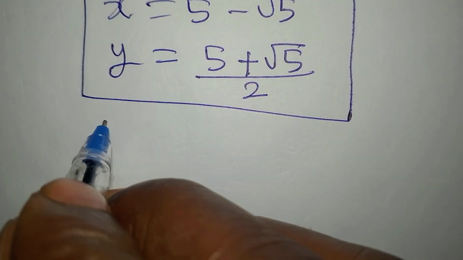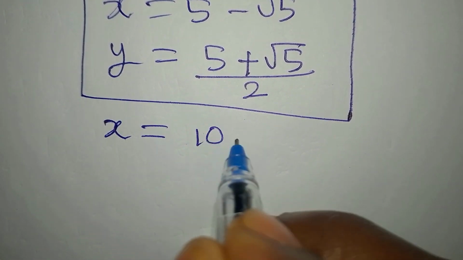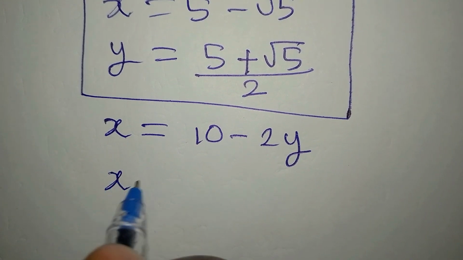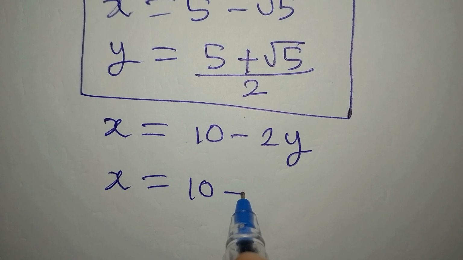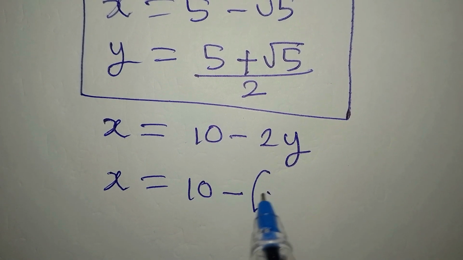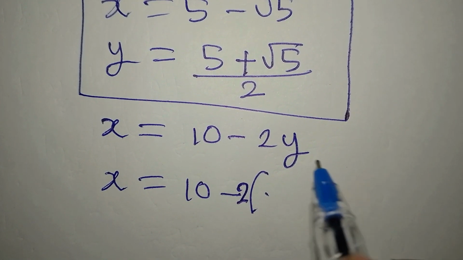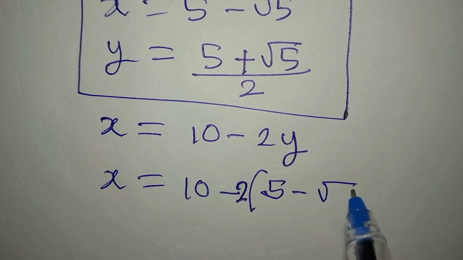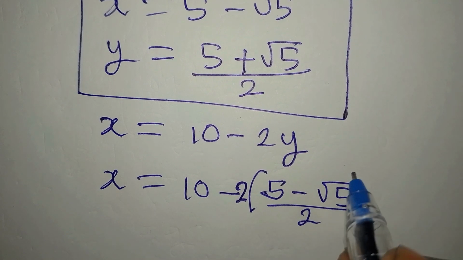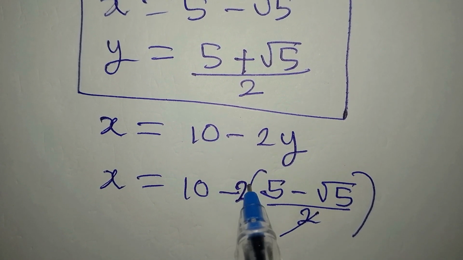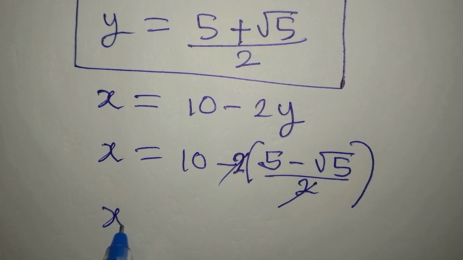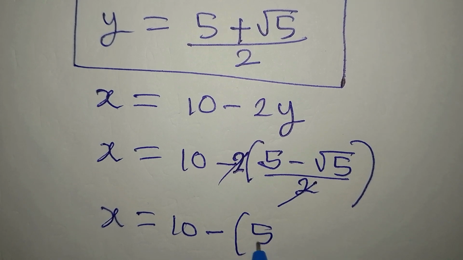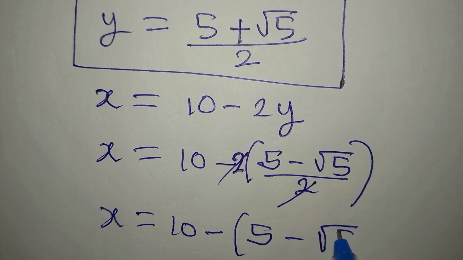Now let's leave this and go to the next. We still have our x to be 10 minus 2y. Let's work with the other value of y. x will now be 10 minus 2, then open bracket, y is 5 minus root 5 over 2. Then 2 will go there as well. So we have x equal to 10 minus open bracket 5 minus square root of 5.